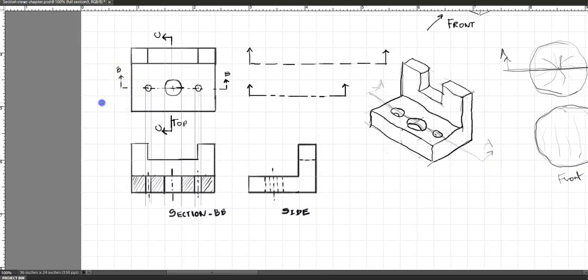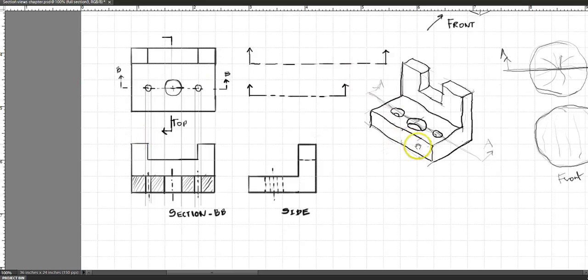So in this case, my arrows are pointing right there, so the placement of my view should be right here, in the opposite direction. It cannot be placed over here. So this is wrong. It has to be placed in the opposite direction, which is right here.